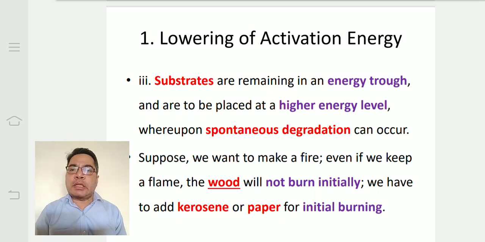Substrates remaining in the energy trough are to be placed at a higher energy level, whereupon spontaneous degradation can occur. Suppose we want to make a fire, even if we don't keep a flame, the wood will not burn initially, but we have to add kerosene or paper for initial burning.